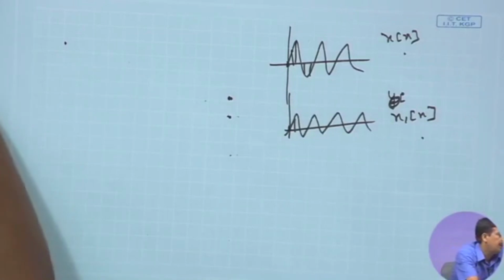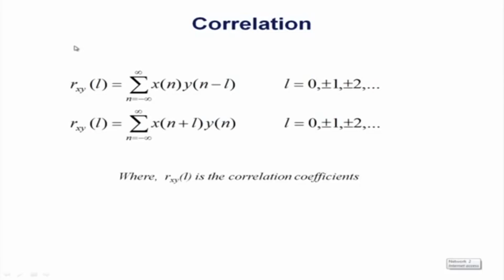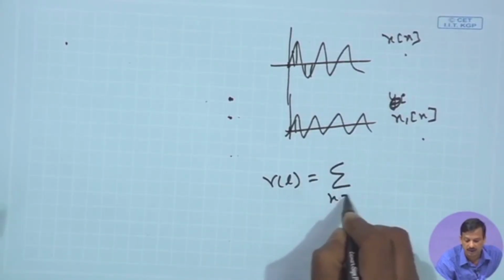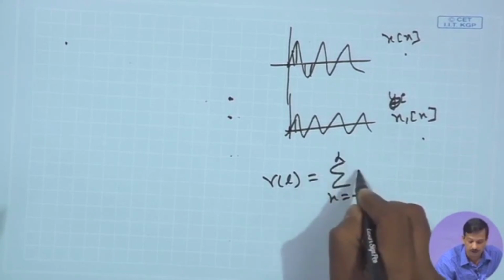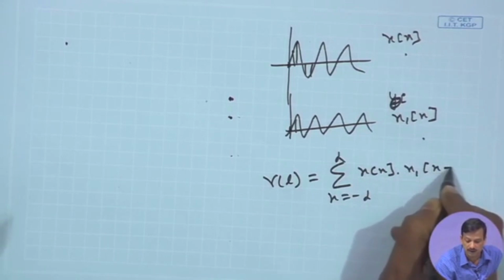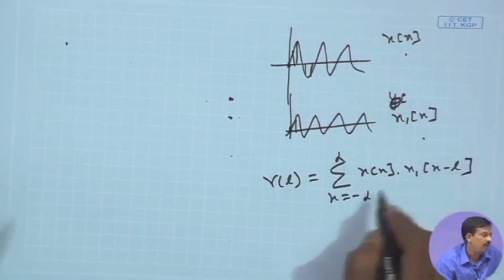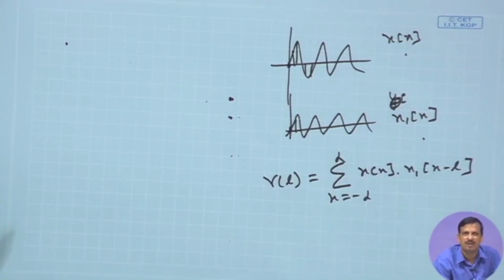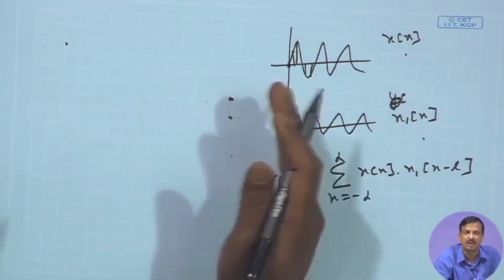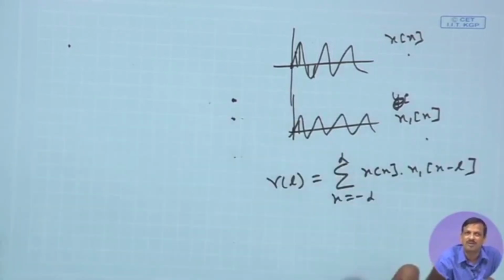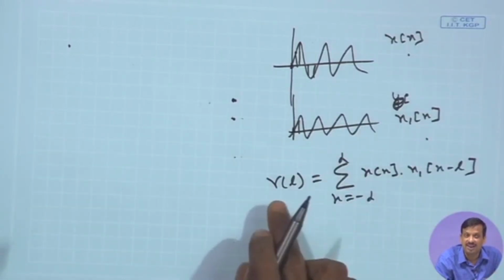So, I can say the Lth correlation coefficient R[L] is nothing but the sum over n equal to minus infinity to infinity of x[n] with x1[n minus L], or x[n plus L] with x1[n]. It does not matter whether I shift the signal this way or that way; both give me the correlation. So, this is the Lth correlation.